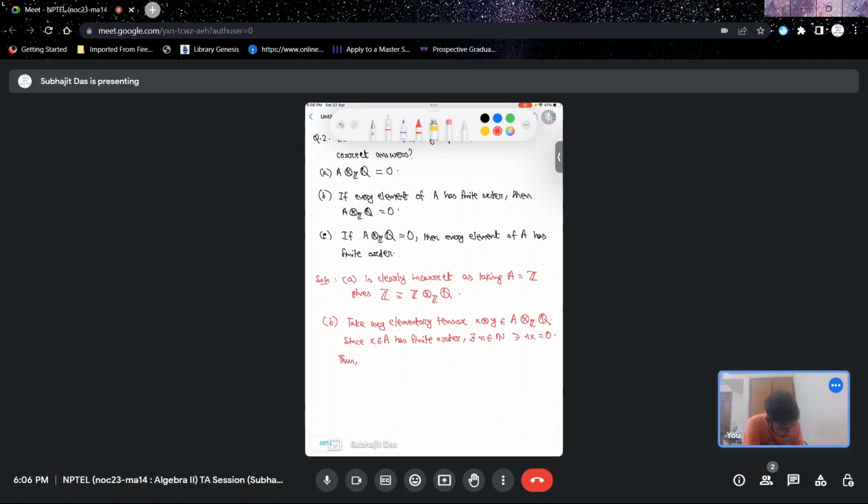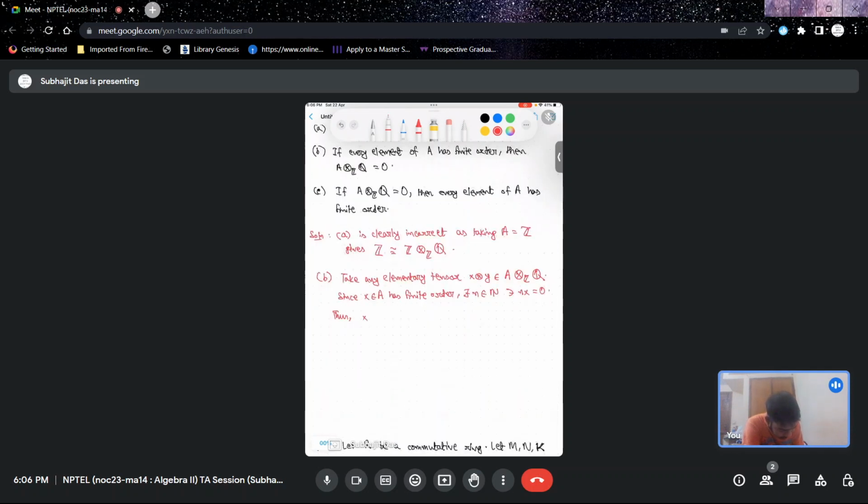Thus x tensored with y, which can also be written as x tensored with n times y by n, can therefore be written as, since n is a scalar, an integer, you can pass it to the other side. So this is nx tensored with y by n, which is 0 tensored with y by n, which is just 0.